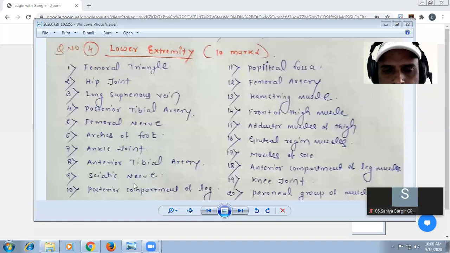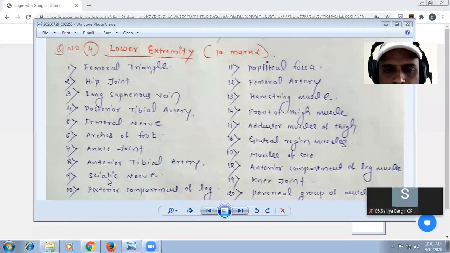Then comes the sciatic nerve. The sciatic nerve is one we have studied in the back of thigh region. You have to know the sciatic nerve, which runs from the gluteal region through the back of thigh to the superior angle of the popliteal fossa.